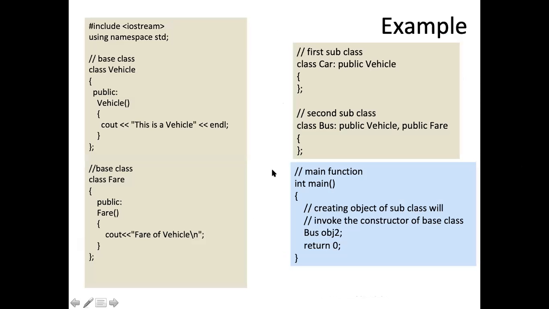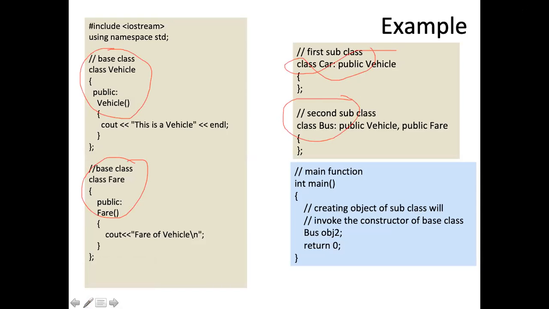So here is a simple example. So we have this car example of the vehicle again. So you have the base class vehicle, then you have another base class which is fare, and then you have let's say the first subclass as car, the second subclass as bus.